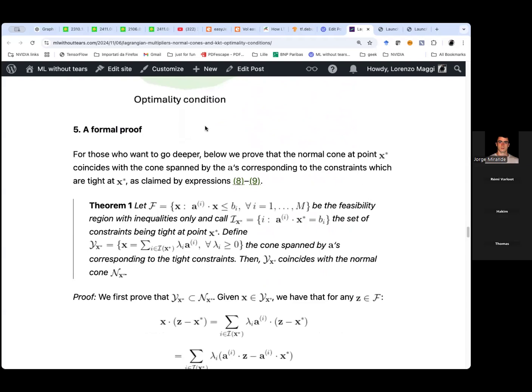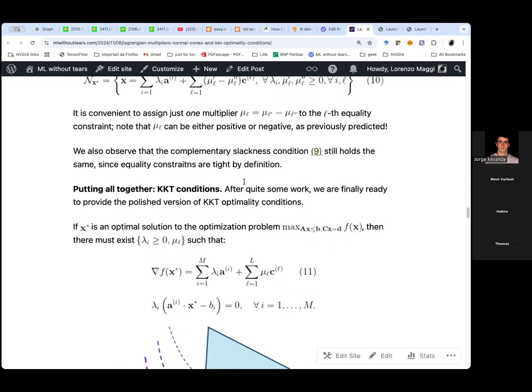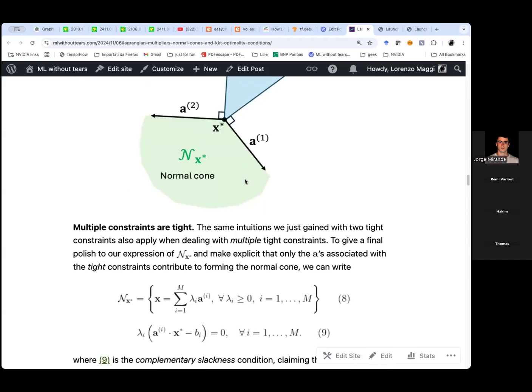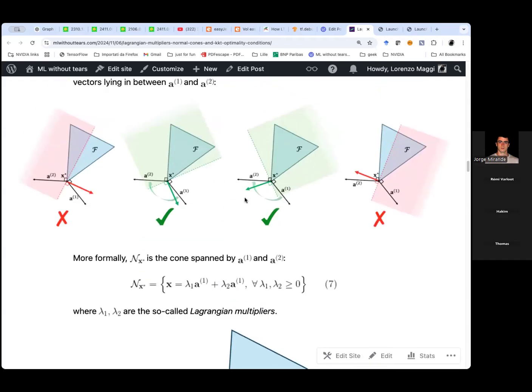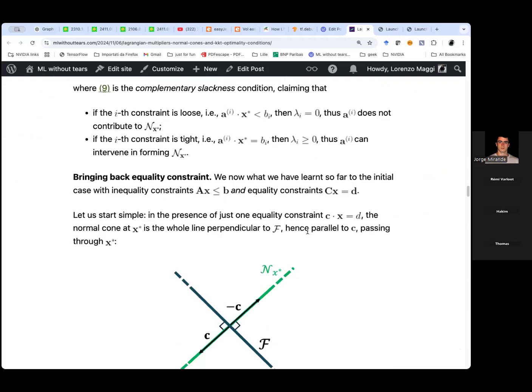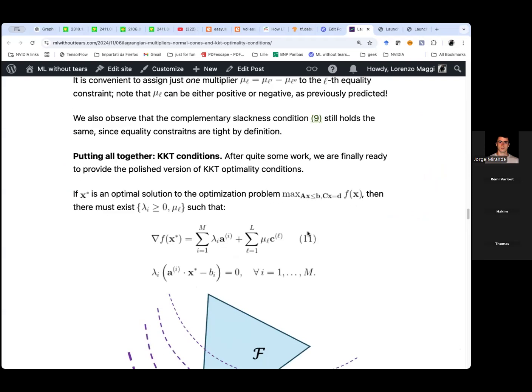I think that I will not go through the formal proof I was planning to, but given the time, probably it's better to go to the example. But this is basically a formal proof of the fact that the normal cone is exactly equal to the cone spanned by this A1 and A2, and the proof holds for any number of A's.